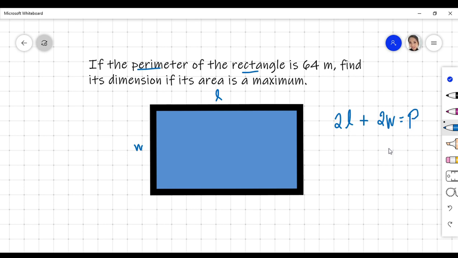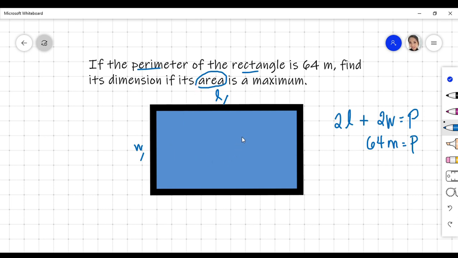And in our case, yung perimeter natin is 64 meters. That's our perimeter. So, it is already given. What we are asked to find is, kailangan nating hanapin yung dimension. It means, what would be the length and the width para yung area natin, okay?